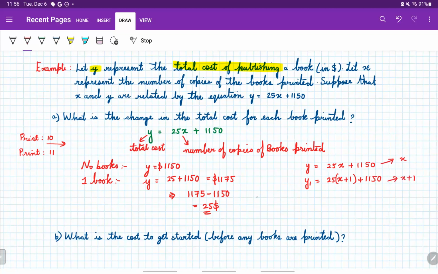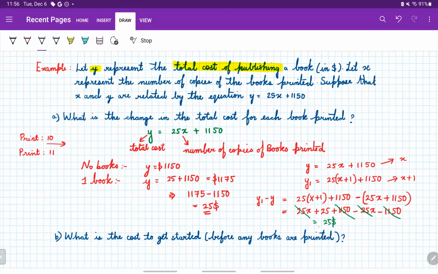And now you want to know what is the difference between Y1 and Y. That would be 25 times X plus 1 plus 1,150 minus 25X plus 1,150. That would be 25X plus 25 plus 1,150 minus 25X minus 1,150. So here 1,150 gets cancelled, 25X gets cancelled, and you're left with $25. So if you see, you end up with the same answer here. So there's two ways of solving.